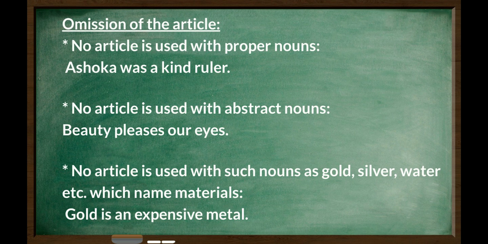Here beauty is an abstract noun. So before this, we don't use any article. No article is used with such nouns as gold, silver, water, etc., which name materials. We don't say "the gold is an expensive material". We just say, gold is an expensive metal.